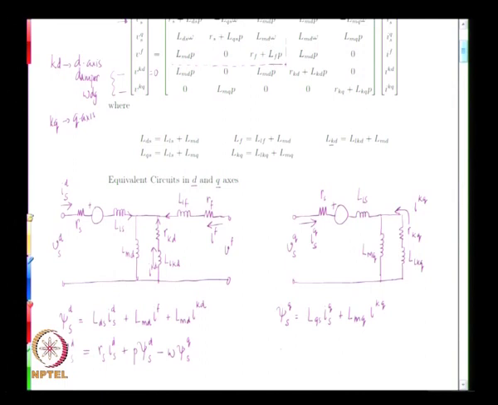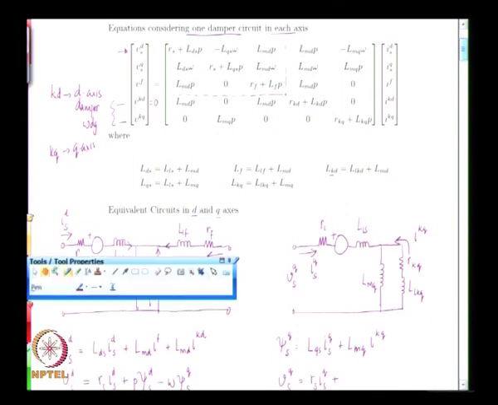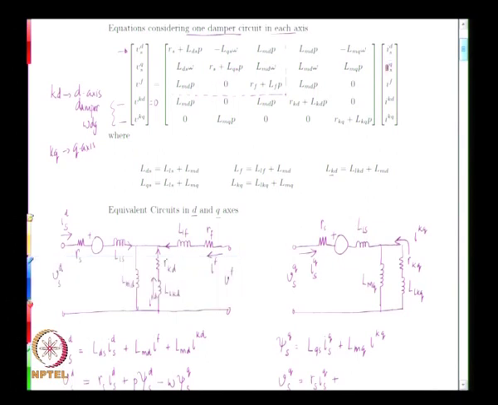Now, similarly, one can write an expression for VQS as RS into IQS plus, if you look at the derivative terms, you have LQS P IQS and then LMQ P IKQ. LQS IQS and LMQ IKQ are already here.